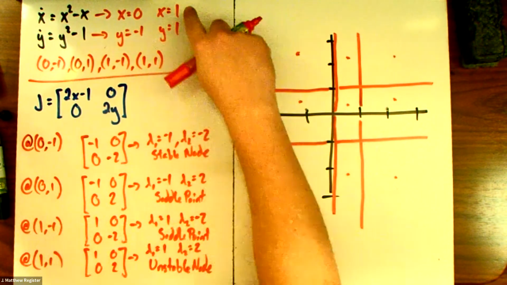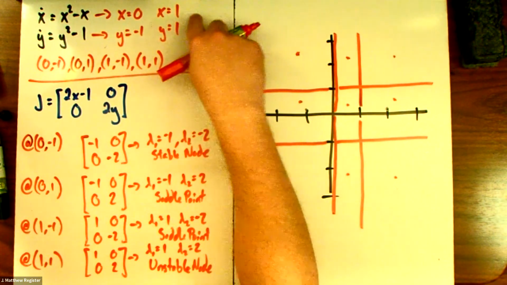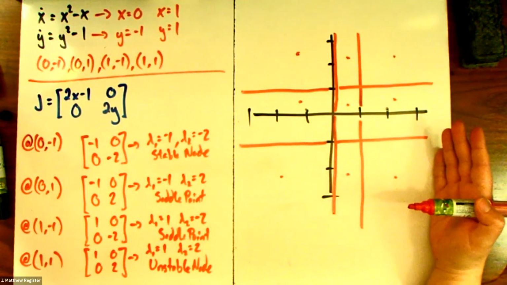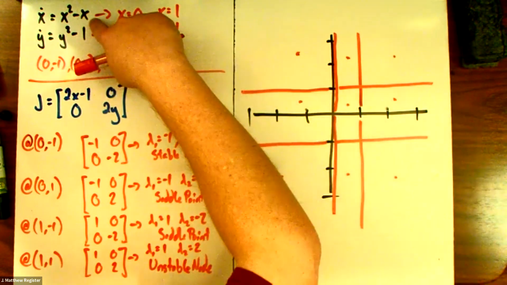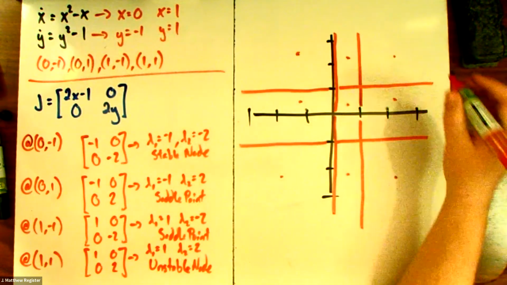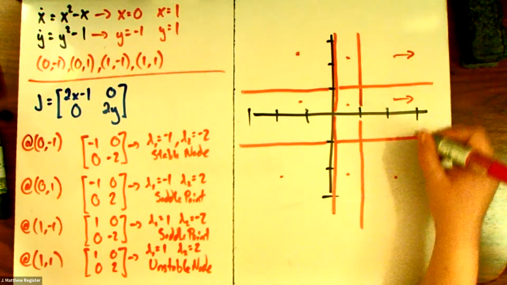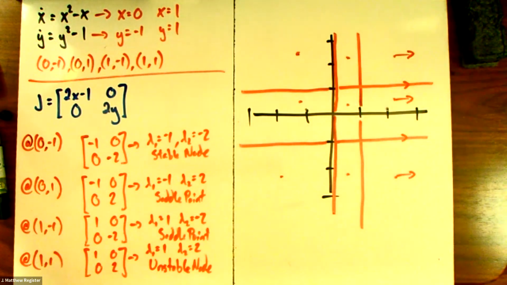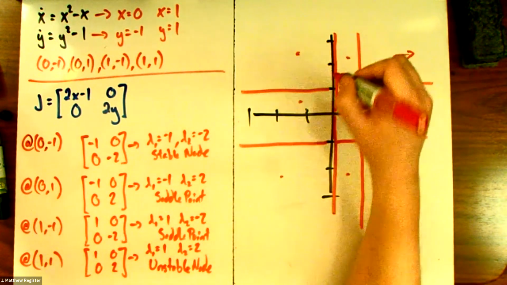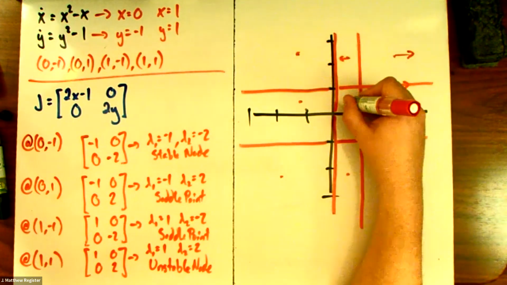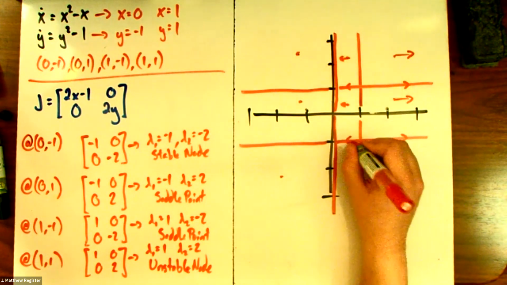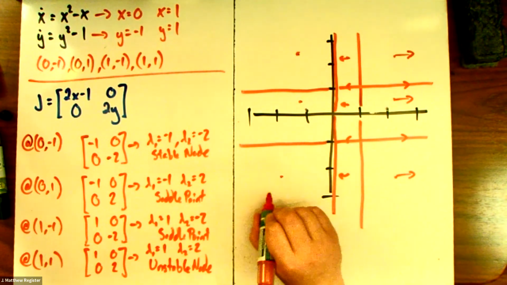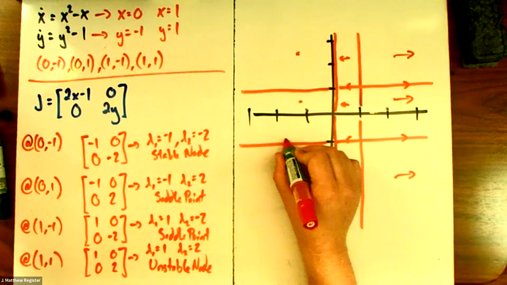And so looking at the first set, we've broken things based on x equals 0 and x equals 1. If we are to the right of x equals 1, we are going to have a positive x prime. If we are in between 0 and 1, it is going to be negative. And if we are beyond that, we are going to be going to the right again.